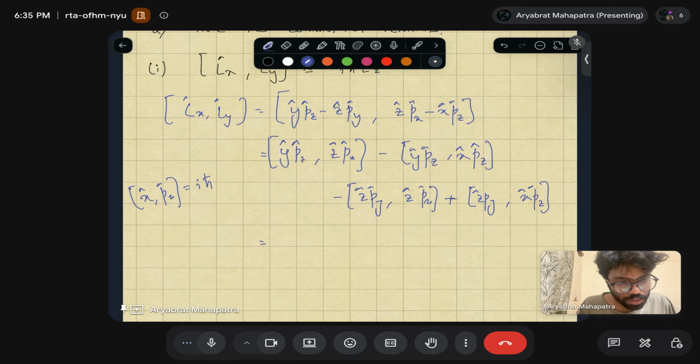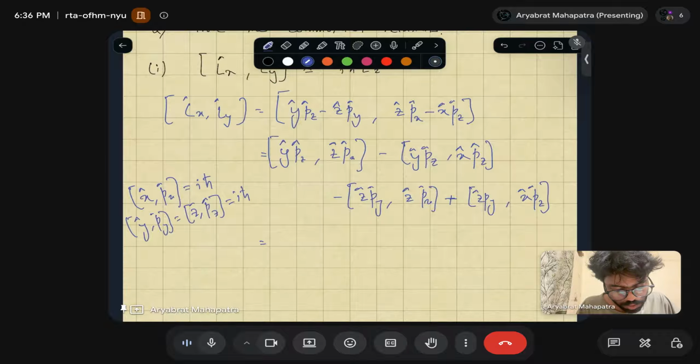So this goes back to your uncertainty relation and all these things. Likewise, you can also write y py and z pz, that is also i h bar, and y and px will commute.